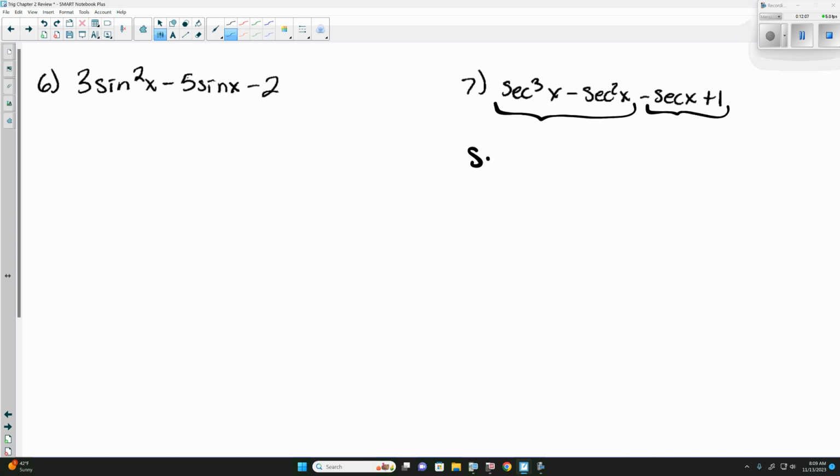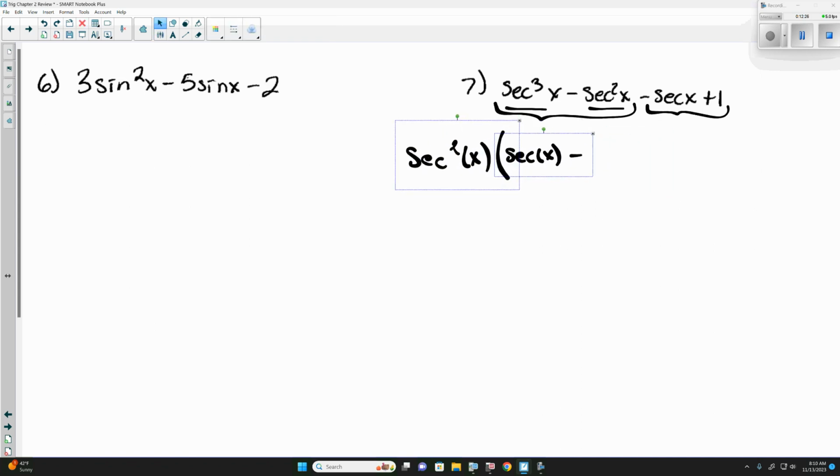Secant of x, how many of them? There's 3 here and 2 here, so they have 2 in common. So if I take 2 of them away from secant cubed, we're just left with secant of x minus. I'm going to run out of space. Scoot that over a little bit.